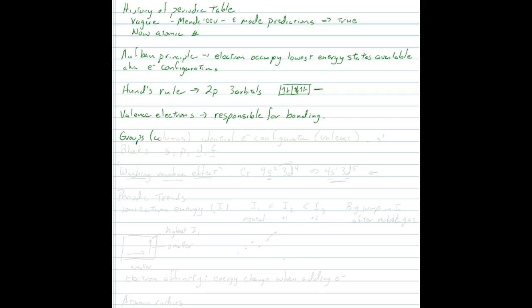Groups are the columns of the periodic table. They contain elements with identical valence shell electron configurations.